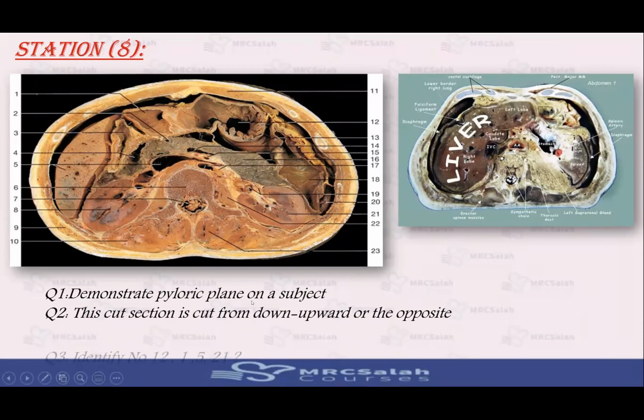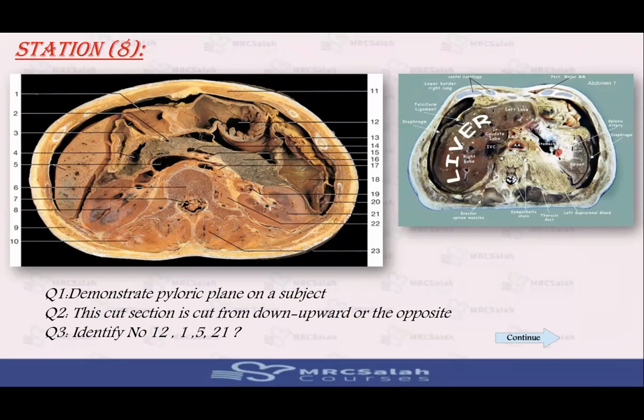Okay. Dr. Widad, can you identify structure number 12? Why from down? Because at the level of L1. No, why? Because the liver is on the left side. Liver on left side. Okay.